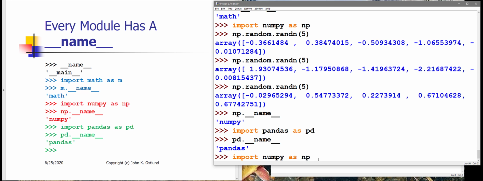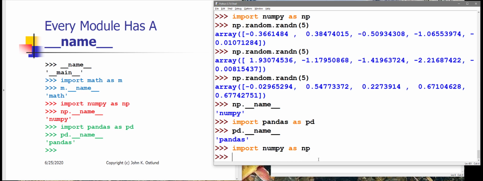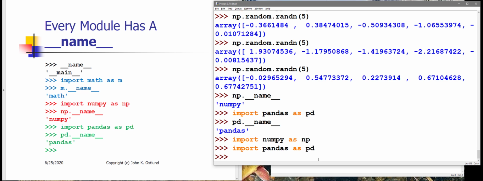The reason that Numpy imported so quickly is that I had previously imported Numpy into this shell while I was not recording anything. And once you have imported a module and you import that same module again, nothing really happens. So if I say import pandas as PD, it's legal to say that, but I've already imported it, so nothing really happens.